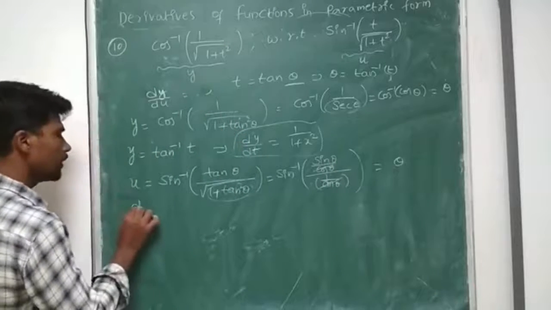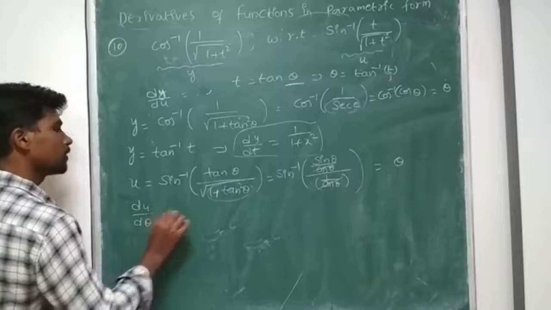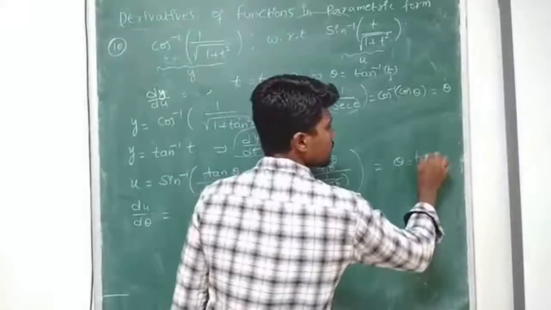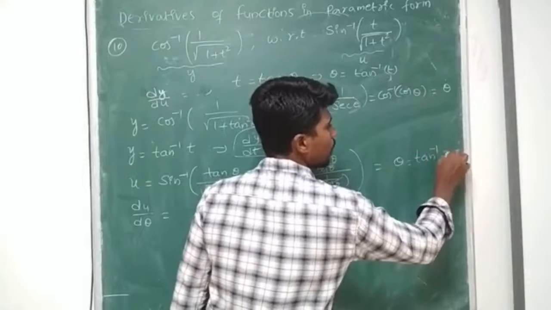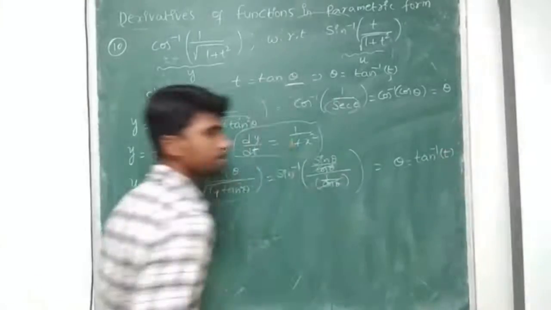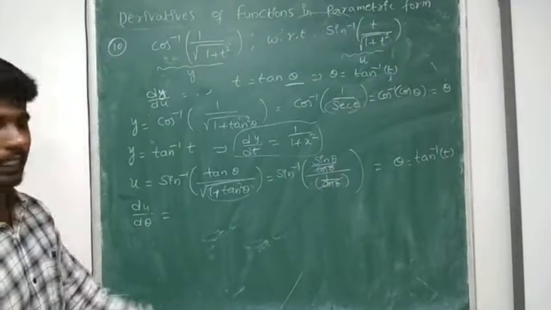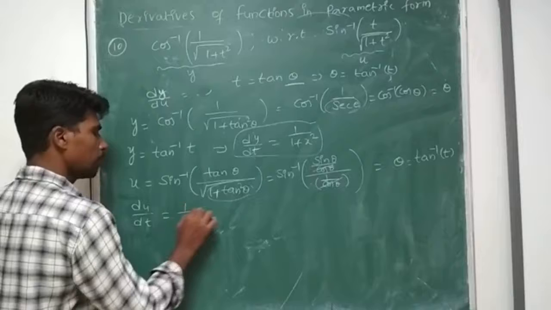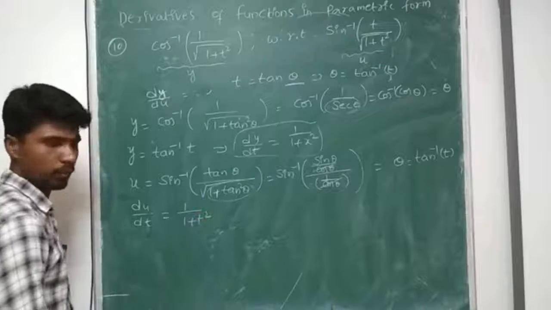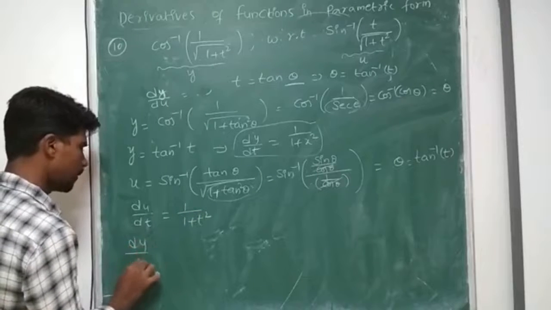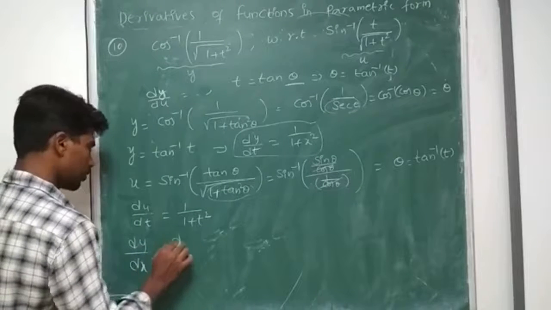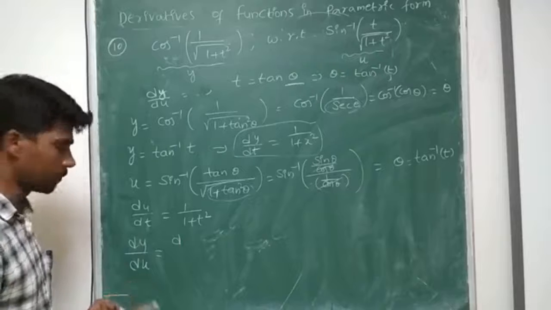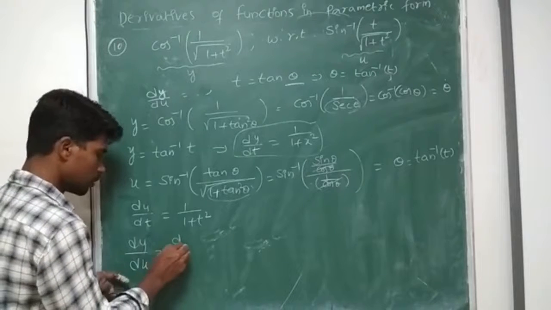Now u is theta, no? Theta can be replaced as tan inverse of t. Now du by dt is equal to 1 by 1 plus t square. Now dy by du. We are not finding in terms of x, we are finding in terms of u.